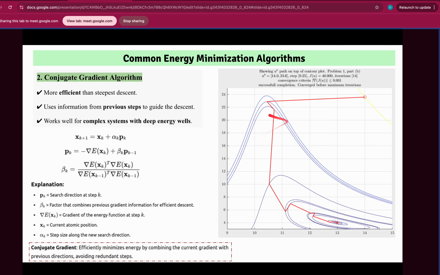That's why the convergence is quite quick, because it is taking a larger step size. So it efficiently minimizes the energy by combining the current gradient with previous directions. That's why it avoids redundant steps. Based on the previous step, it will take the wise decision without redundantly moving left and right.